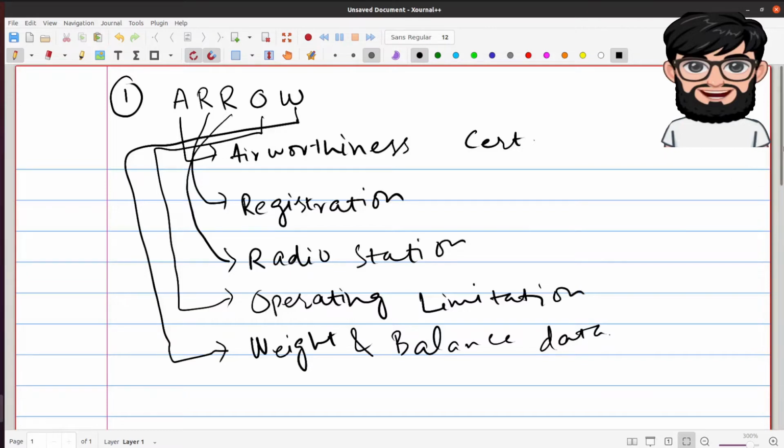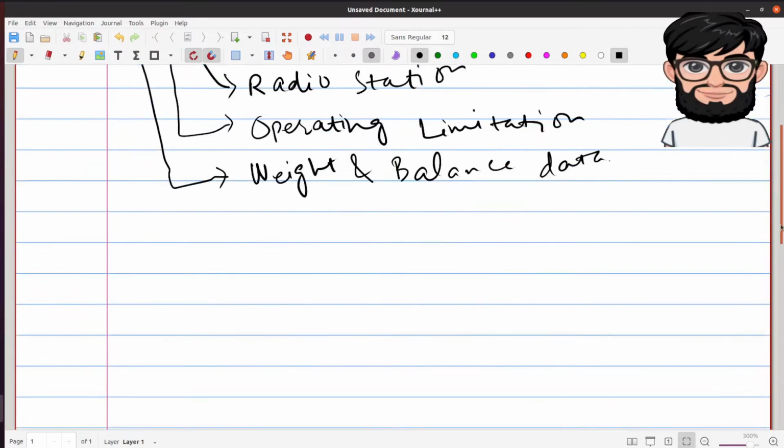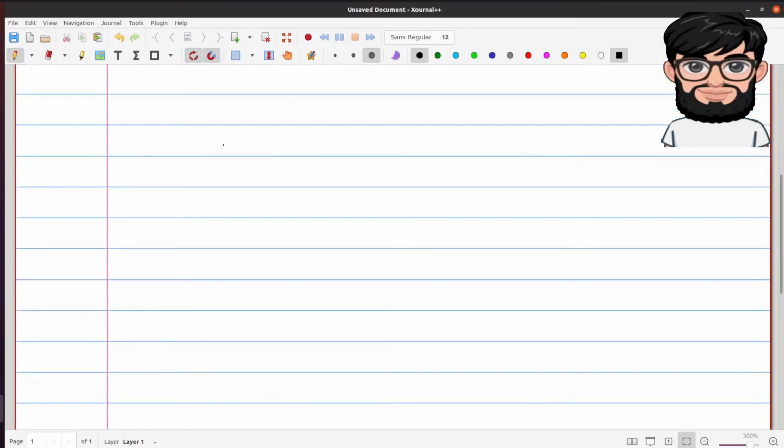Okay, the second thing we want to cover: what is an airworthiness certificate? Remember that this is a document, a certificate which is issued by the FAA to an aircraft.